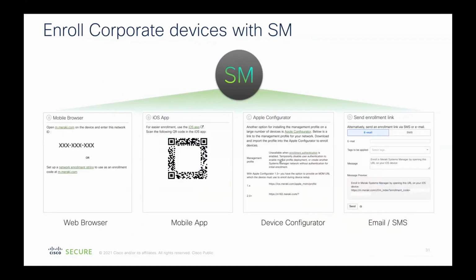So Systems Manager has a variety of ways of getting installed onto your users' devices. You can send them QR codes, or you can send them SMS messages, or have them download it in a browser providing a specific code, things like that. So lots of different ways to get your users and their devices connected to SM to start the provisioning process.